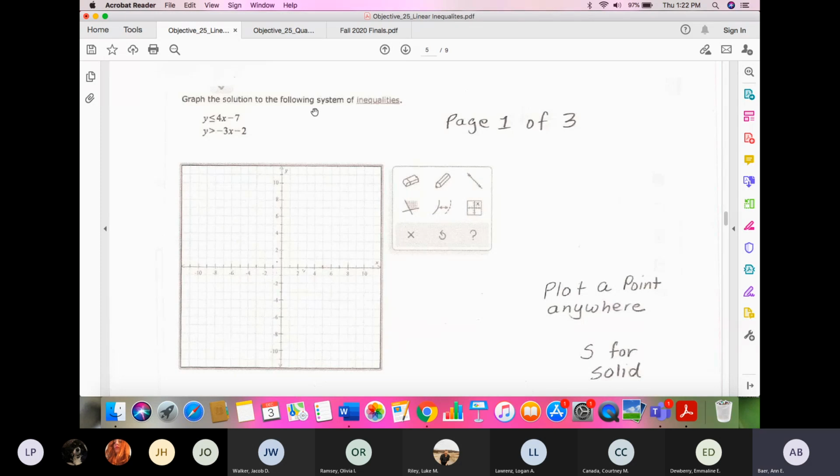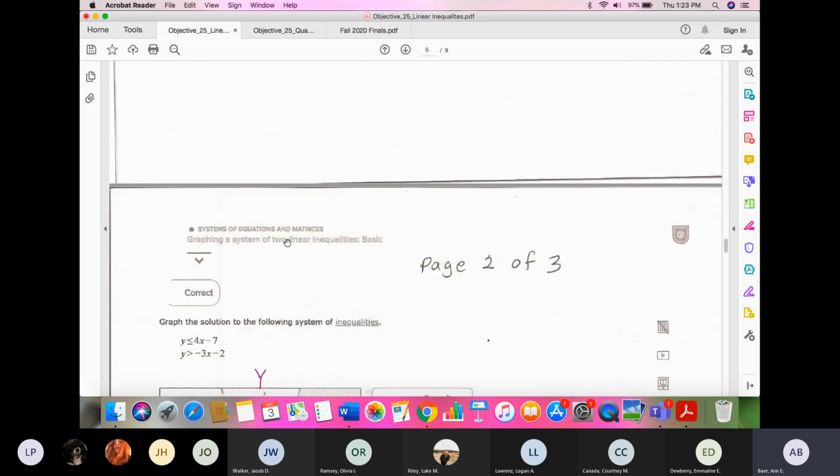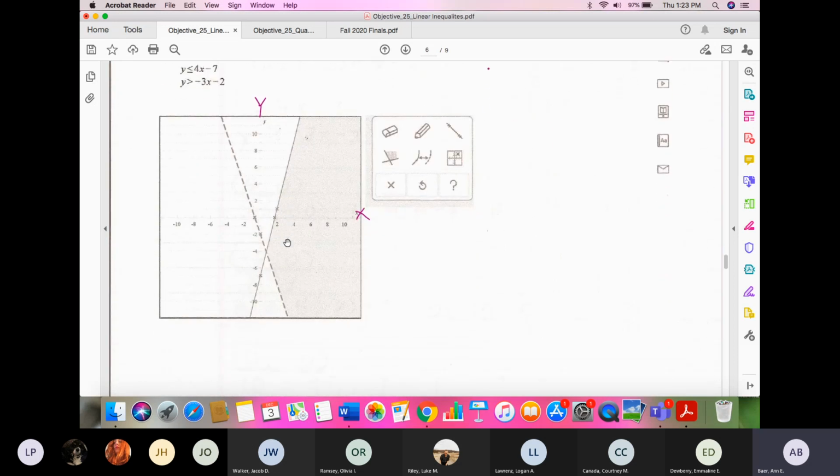So let's take a look. The process is pretty much the same. We're still going to graph our boundaries first, but because we have 2 inequalities and there's 1 boundary per inequality, we're going to have 2 boundary lines. And to give you a sneak peek of these 2 boundary lines, there you are.